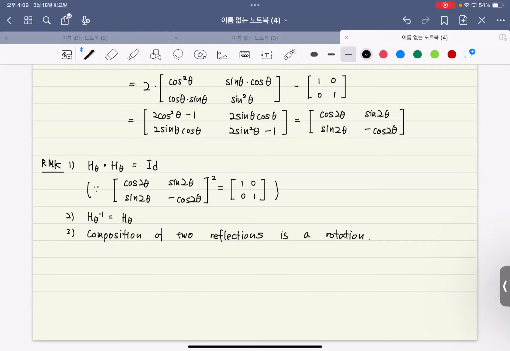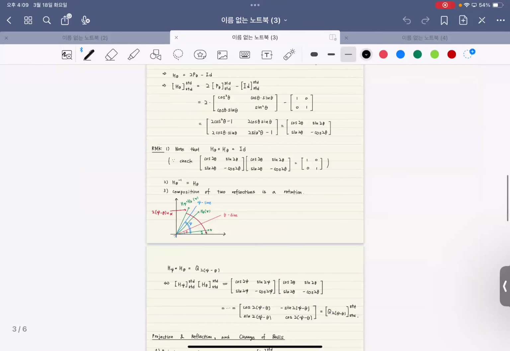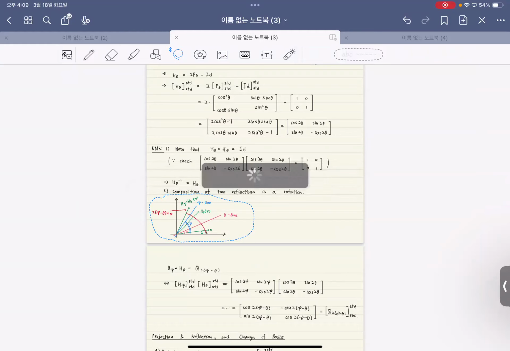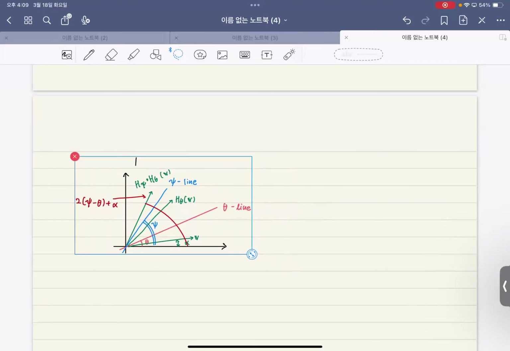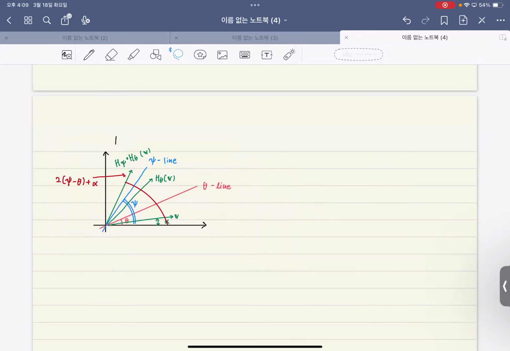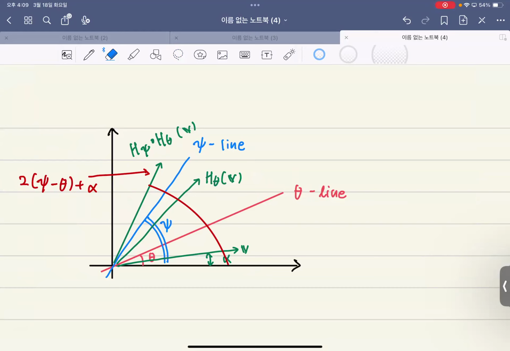I have two explanations. Yeah, so I really want to magnify this.